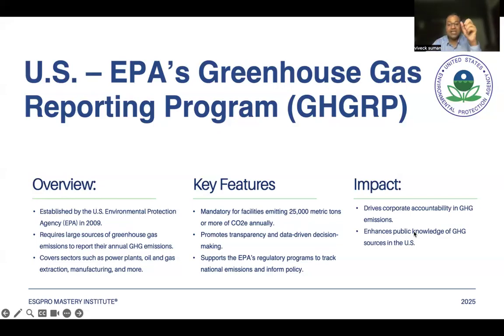So the big picture impact here is that a corporate accountability engine has been created by the GHGRP program. When big emitters know their data will be made public, the pressure on cleaning up grows faster. And US has done this in the past. Tomorrow we will be doing a short story in the beginning about one of the achievements which US has done.